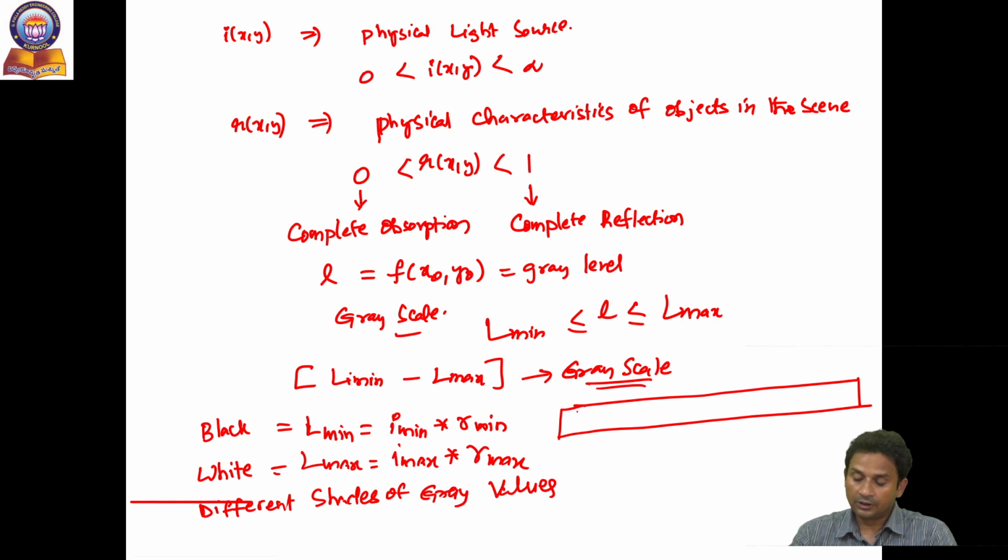So the grayscale extends from black to white, and between black and white we'll have different shades of grays.